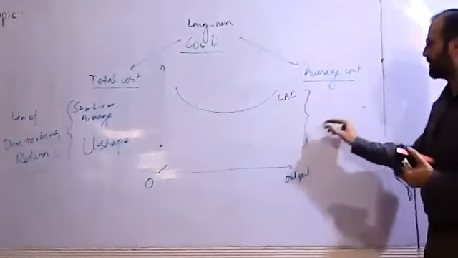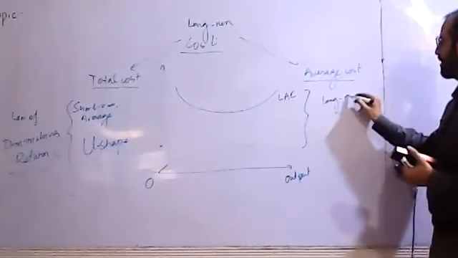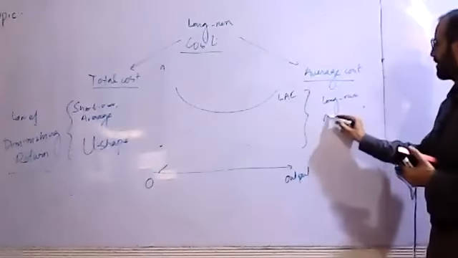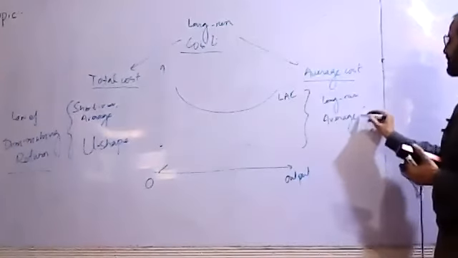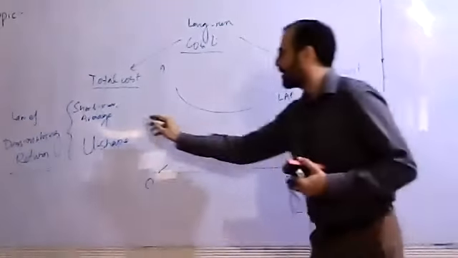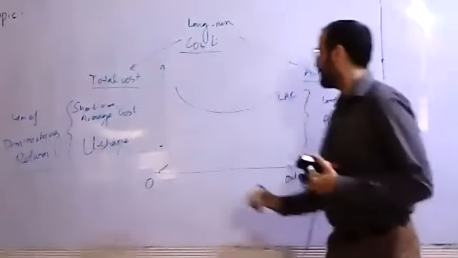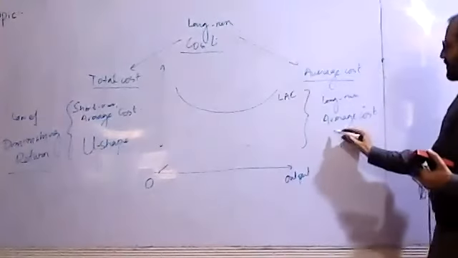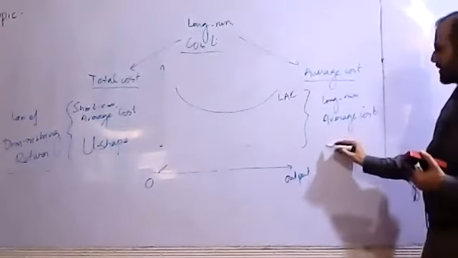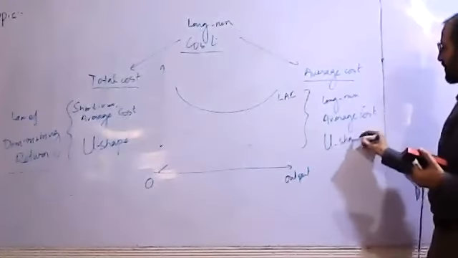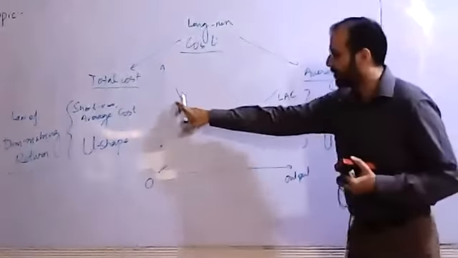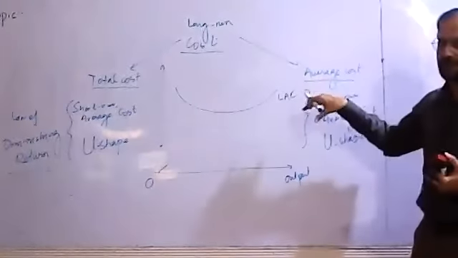Why is the long run average cost, let me put cost on this as well, falling first? Why is it U shaped? U shape means that it is falling first and then it is increasing.